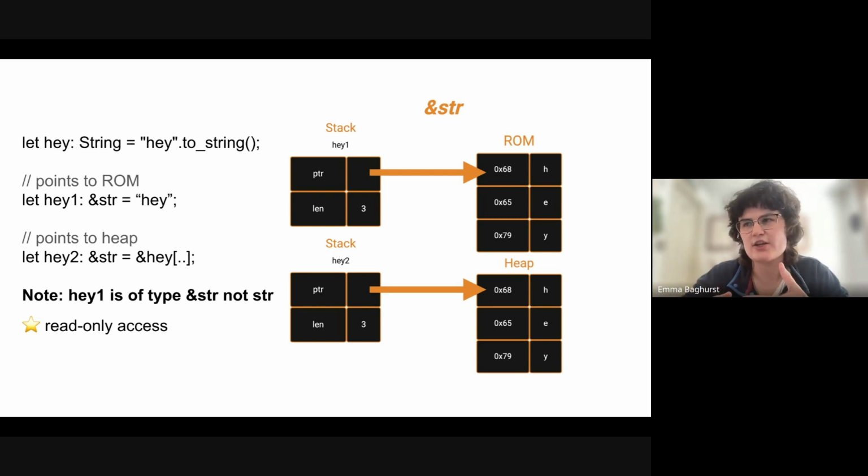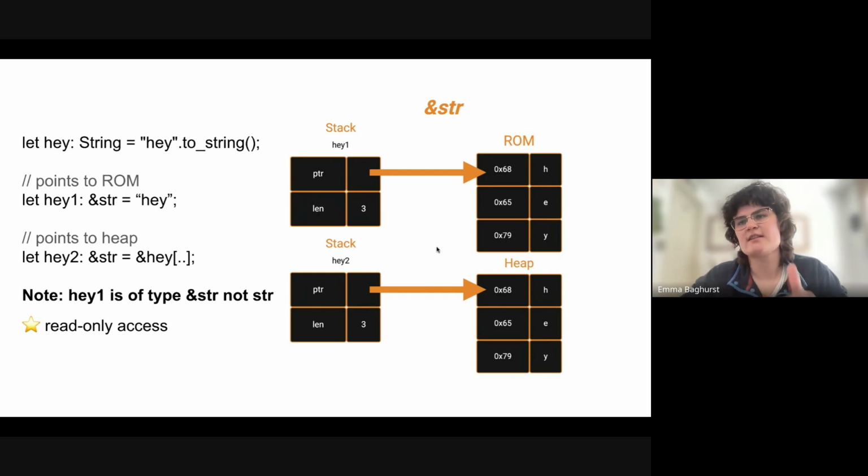So what this is showing is that the &str just points to some string data. It can be in the read-only memory, it can be on the heap, but it's just something that's pointing there, and it doesn't just have a pointer, it has the length as well. So it's all a bit confusing, but hopefully that makes a bit of sense.